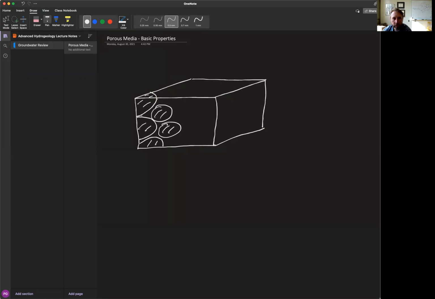These are spherical, but in general, the grains can be of a variety of different shapes. These grains here are fairly uniform in size, but in general, porous media will have varying degrees of sorting and have small grains and big grains, depending upon the depositional environment.